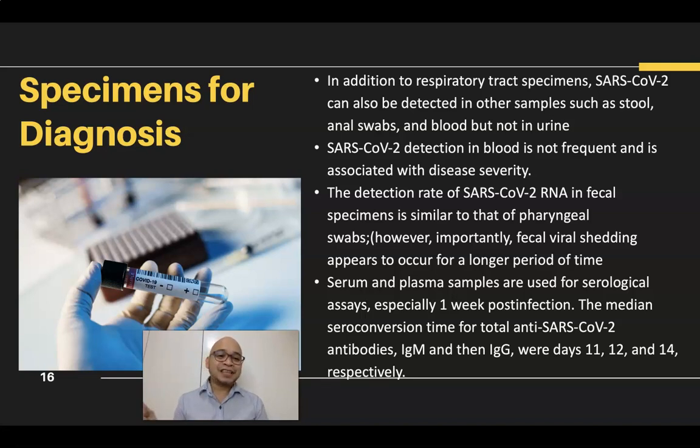Meaning IgM first appears 11 days post-infection, while IgG, being the secondary response, appears 14 days after the infection.